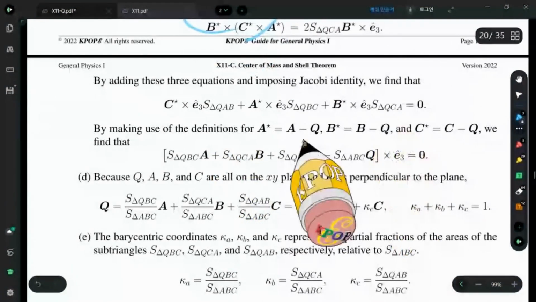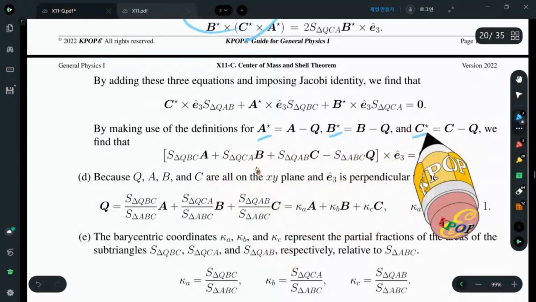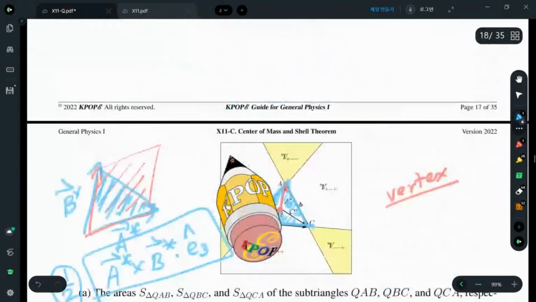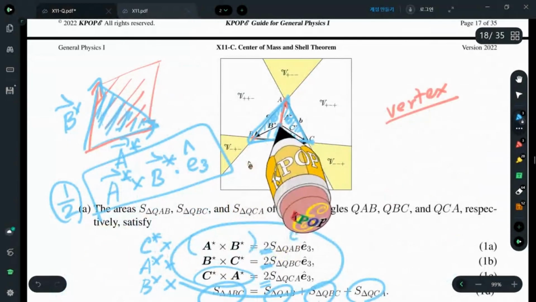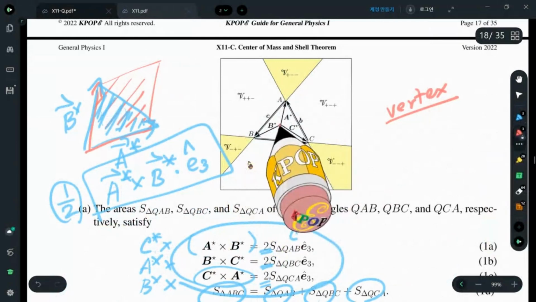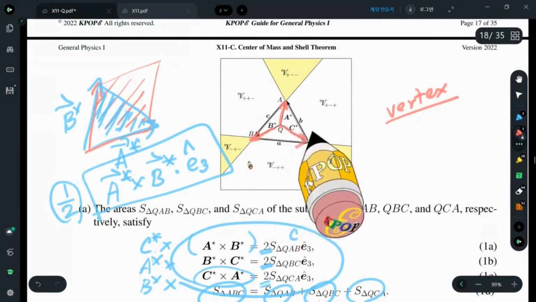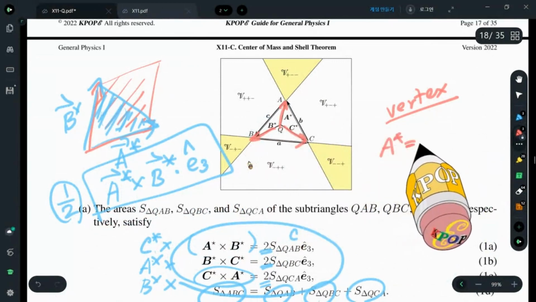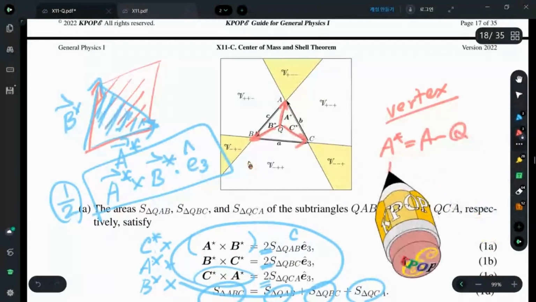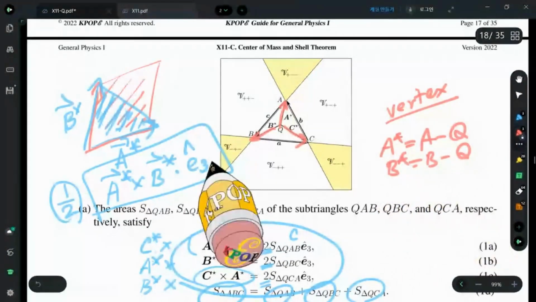And you will find this is nothing but the A star, B star, C star, which was defined to be the vector from a point inside the triangle to the vertices, this one, this one, this one, that means A star is A minus Q and B star is B minus Q, something like that.